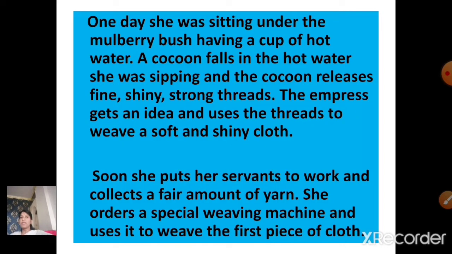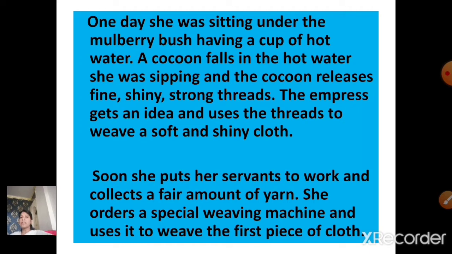One day she was sitting under the mulberry bush and having a cup of hot water. A cocoon falls in the hot water she was sipping, and the cocoon releases fine, shiny, strong threads. The empress gets an idea and uses the threads to weave a soft and shiny cloth.